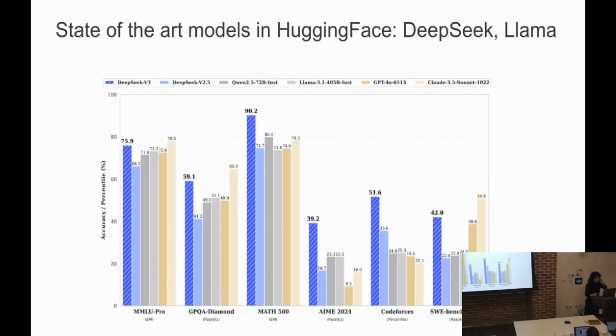This is from the paper from DeepSeek, and I just wanted to point out that there is DeepSeek, which is open source. There is Llama 3.1, a big one actually that I cannot really use on my computer, and this is a comparison between them.